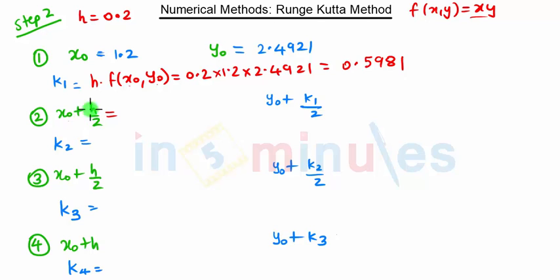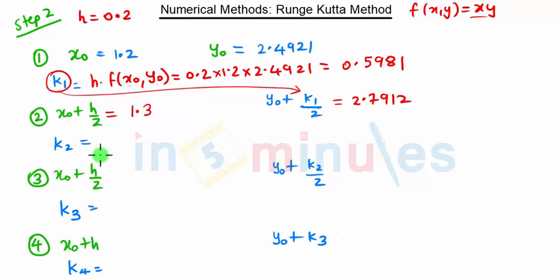So we will have x0 plus h by 2. x0 is 1.2 plus h by 2, 0.2 upon 2. If we calculate this value, we get 1.3. Similarly, if we calculate this value, where k1 will be from here, we get 2.7912.